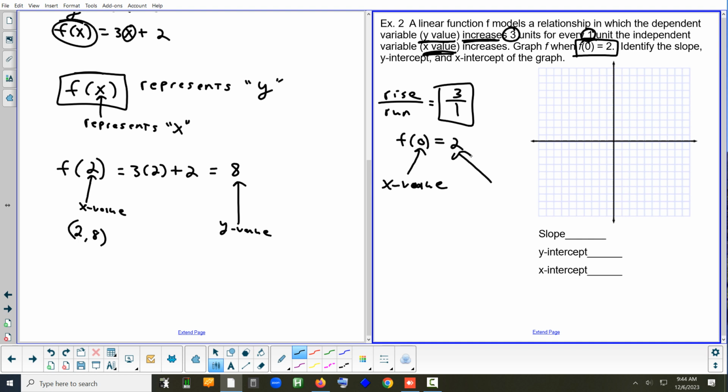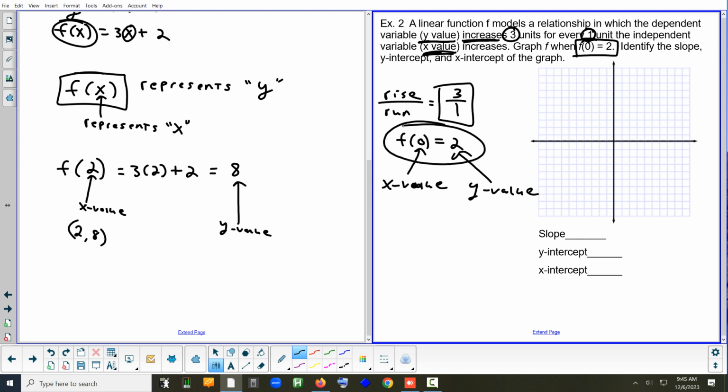And when you plug in 0, you get an answer of 2. Well, when we plugged in that, we got an answer of 8. It's not the number that's important. I want to know what this number represents. The 2 is my what? That's your y value. That's my y value.